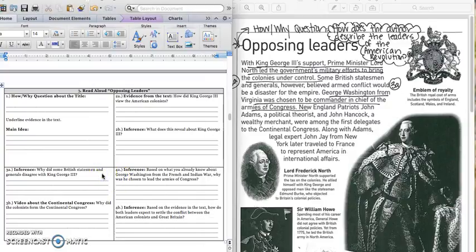So in box 3A, you would write, the British statesmen and generals disagreed with King George III because they thought a conflict with the American colonists would be a disaster for the empire. Press pause to write down your answer and play when you're ready for 3B.